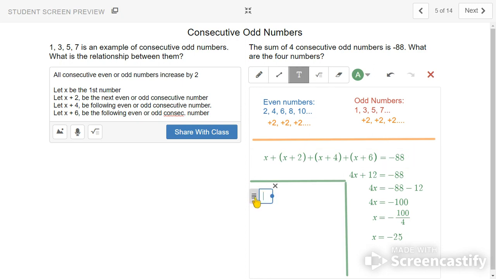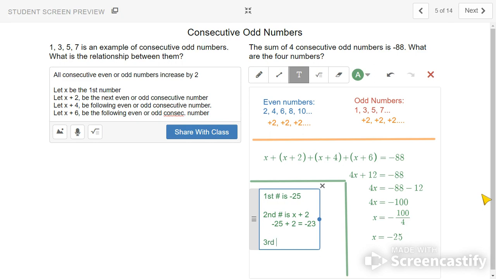Now let's find the following numbers. First number is negative 25. The second number is x plus 2. So let's substitute that in. We have negative 25 plus 2. That gives us negative 23.